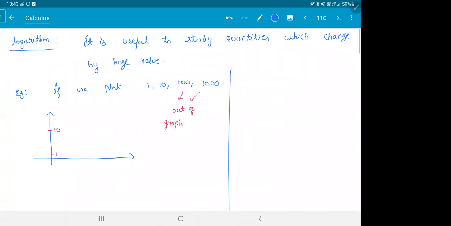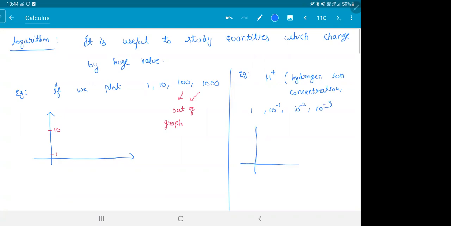For example, in chemistry, if you see H plus, this is hydrogen ion concentration. Here the values are very small, meaning 10 power minus 3. Let's say it's like 1, 10 power minus 1, 10 power minus 2, 10 power minus 3.